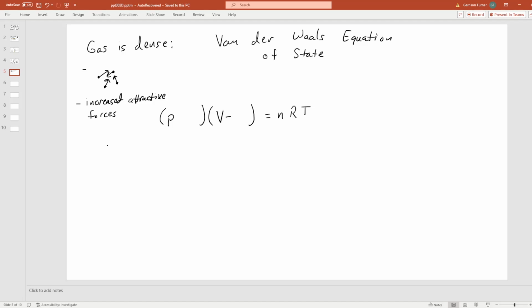Okay, so you have these increased attractive forces, but because your molecules are more densely packed now, you also have less free space for them to move around in. Okay, so to account for these increased attractive forces, we add this term.